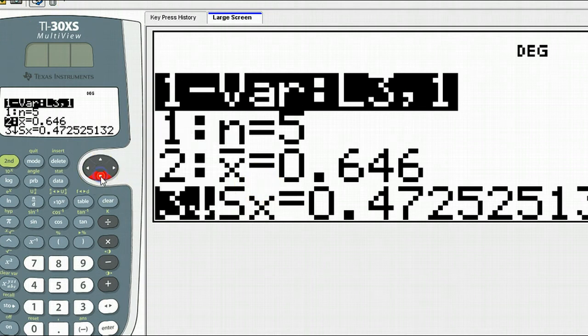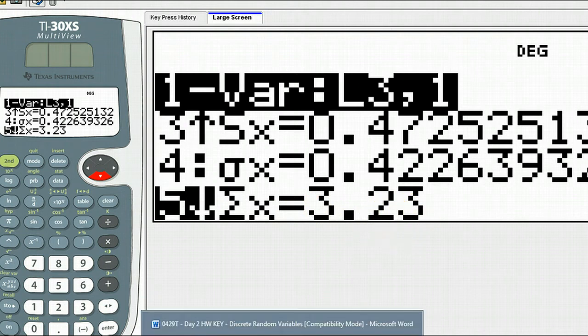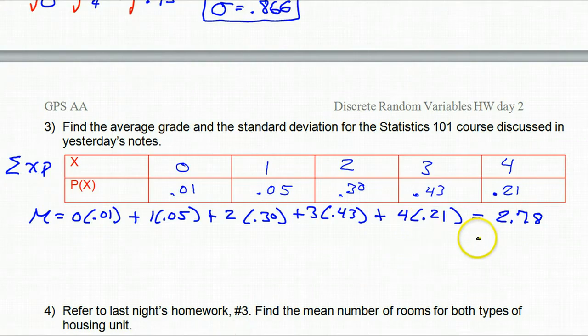If I scroll down to option number 5, there's the sum, 3.23, which is not the same answer I had before. A little embarrassing. Now I have to pause the video and figure out, did I make the mistake before or did I make a mistake now?